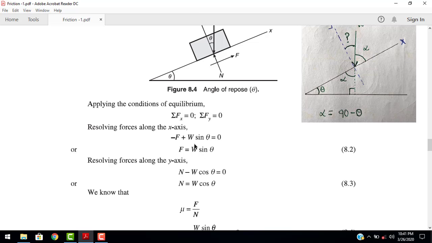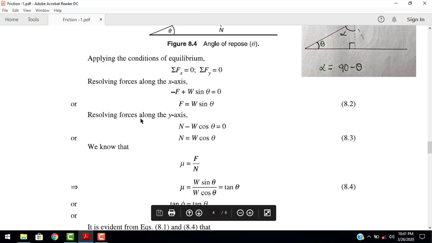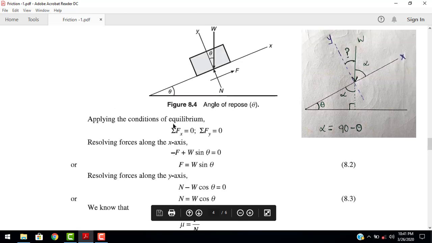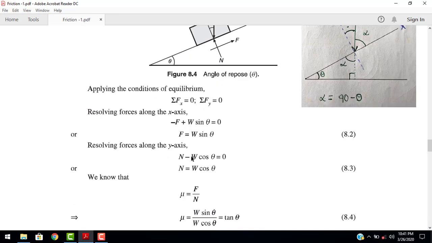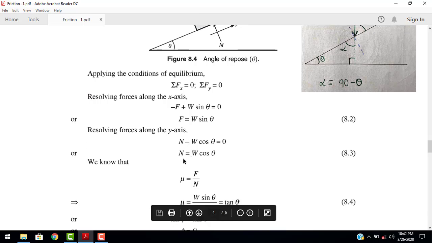This I will consider as equation 1. Now resolving the forces along y-axis. Which are all the forces acting along y-axis? One is the normal reaction and the other is the component of the self weight along the y-axis. So that is N minus W cos theta equal to 0, which gives N equal to W cos theta.